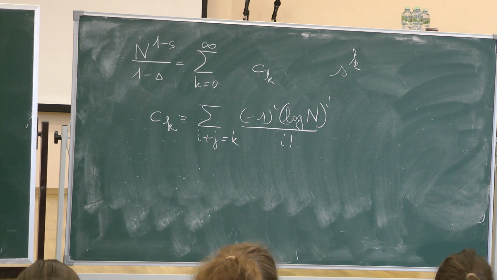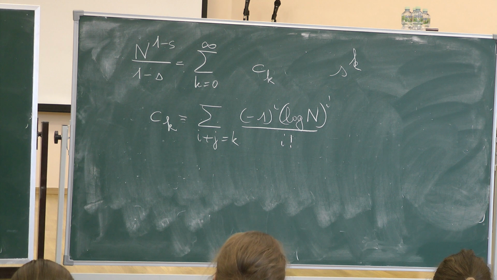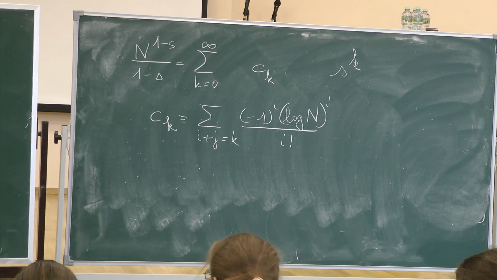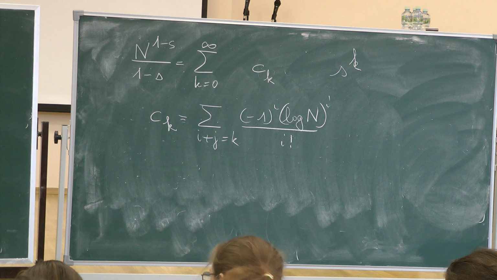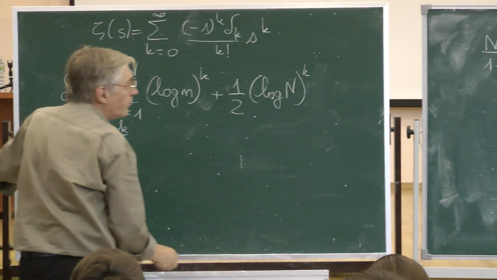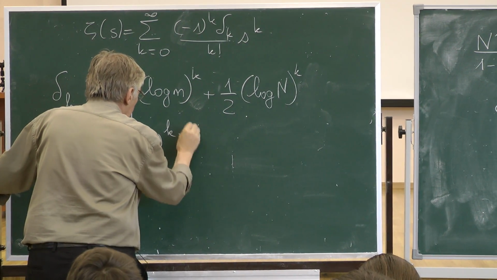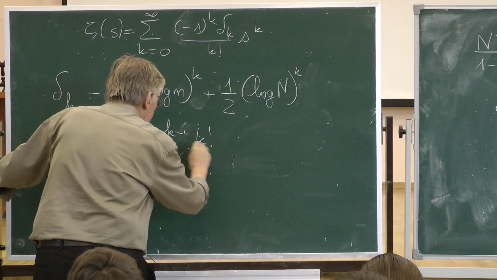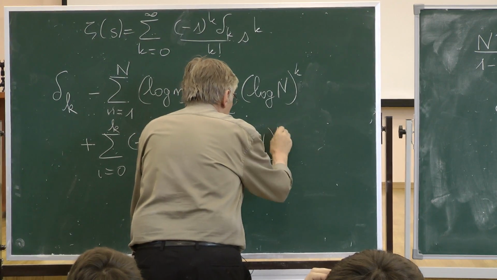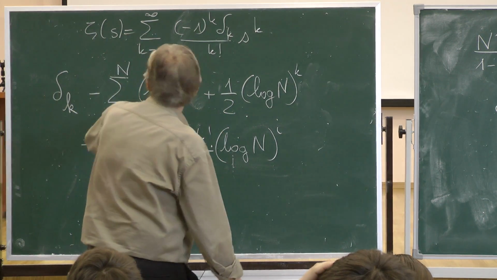So in fact I get here plus the sum for i going from 0 to k of (-1)^(k-i) k! divided by i! times log capital N to the power i. So this is in fact the coefficient of the last term.